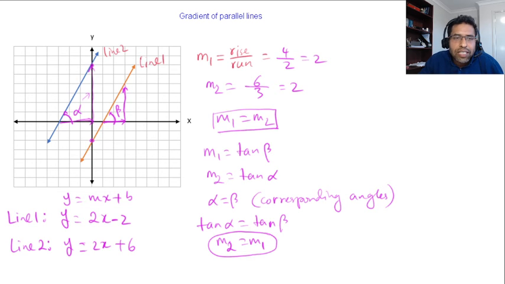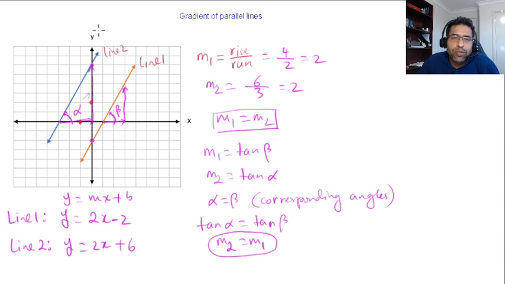For instance, if I make another line which is passing through the x-axis here, then definitely it will pass through the y-axis 2 steps up. Why? Because we know the gradient is 2, so the rise would be 2 times the run. So if I put 1 here, then the other one will be 2. If I go 3 down, then it would be 6.